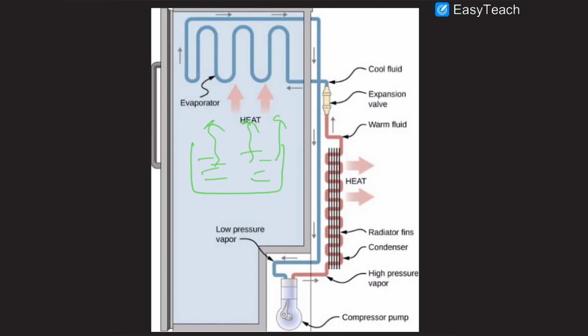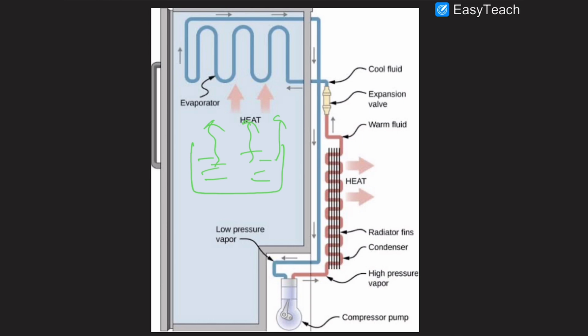and this pipe, as you have seen, goes through the fins which are connected to the refrigerator at the back side. If you open the refrigerator, you must have seen steel pipes connected like that. These are called fins, and these fins are connected with the radiator, the condenser coil.